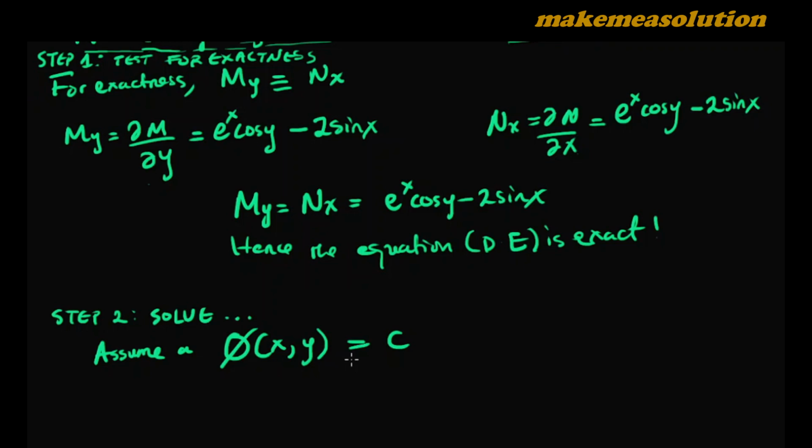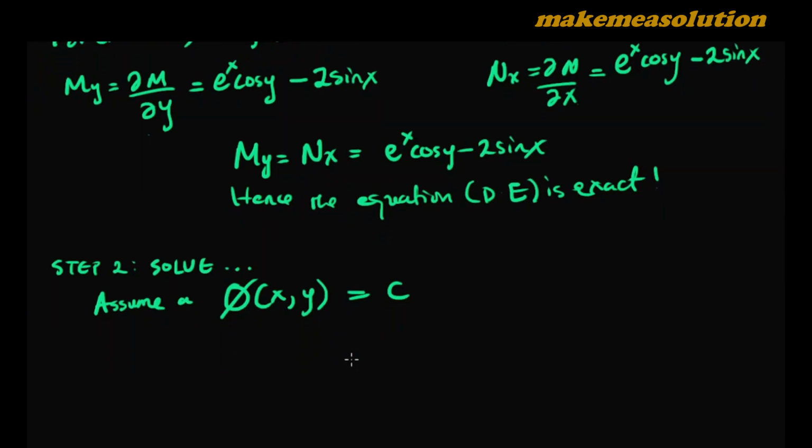Now if you're wondering where this came about, please go and see the first 2 videos that I made on exact equations. There is part 1, there is part 2, this is currently part 3. If you want to know more about how phi of x comma y came about, please try to watch the playlist for part 1 and part 2, where I laid the background for exact equations, so you understand where phi of x comes from.